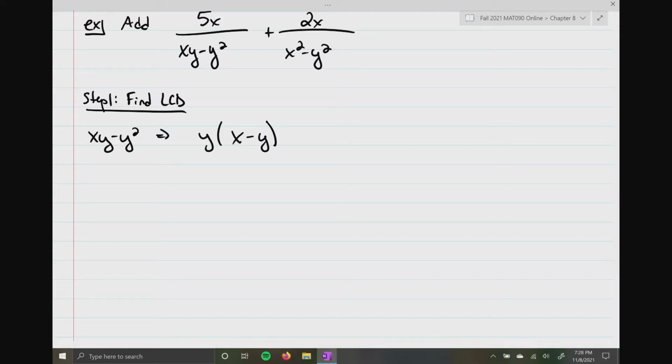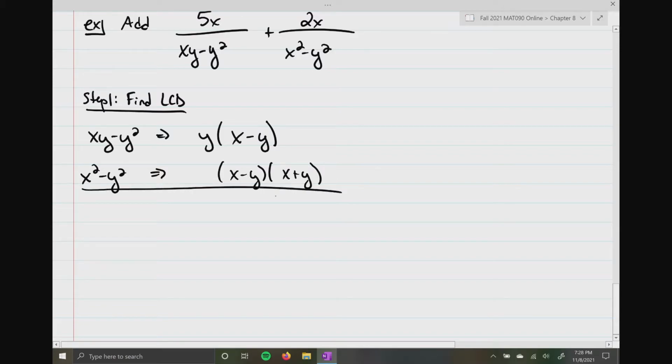For the second denominator, well, that is going to be difference of squares. So I get x minus y times x plus y. Now my LCD in this case is going to equal, and remember, you got to come straight down, y times the quantity x minus y times the quantity x plus y. Okay? So here's my LCD.